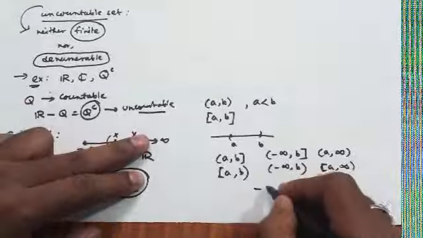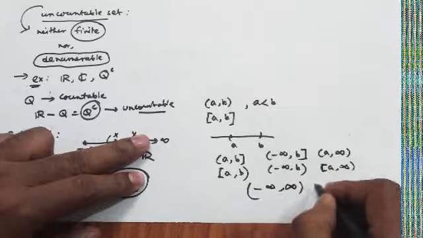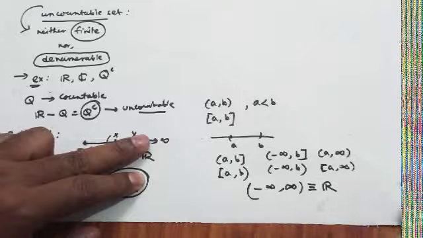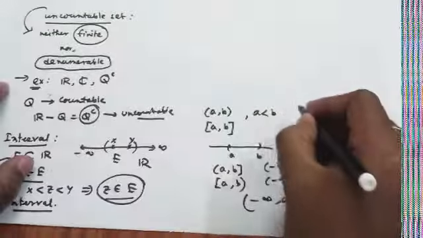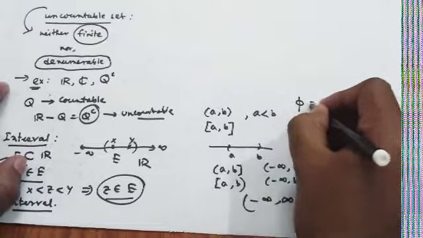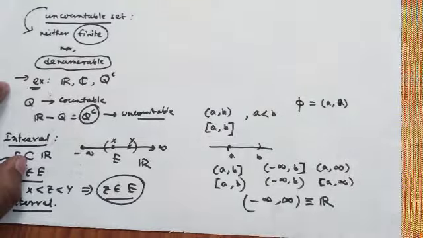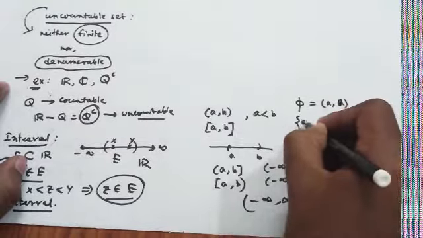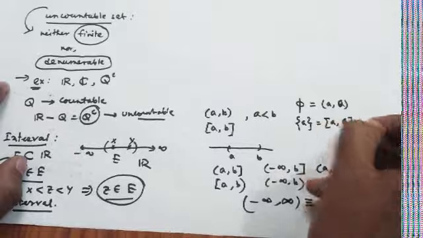In fact, we have minus infinity to plus infinity. This is another interval, and this interval is nothing but our whole real line. And also we have, suppose phi is there, phi we can simply write as open interval (a, a), and a singleton set, suppose {a}, we can write as closed interval [a, a].